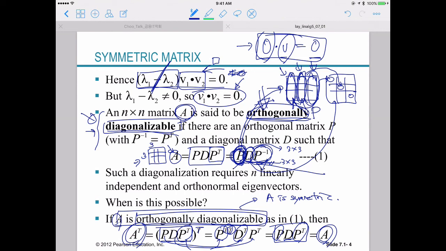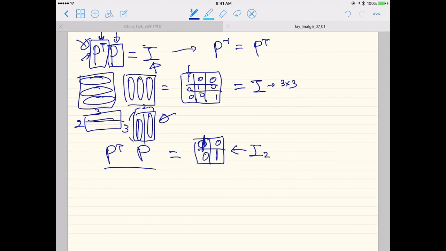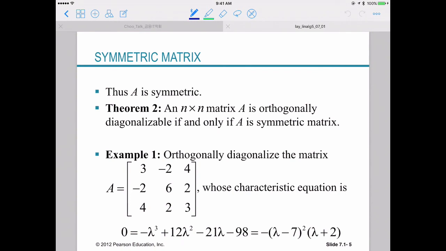So it's out of scope of this class, but we will at least partially understand and look at some interesting aspects of the symmetric matrix. So this theorem 2 is saying what I just mentioned. Your matrix A is symmetric and orthogonally diagonalizable, and they are equivalent to each other.